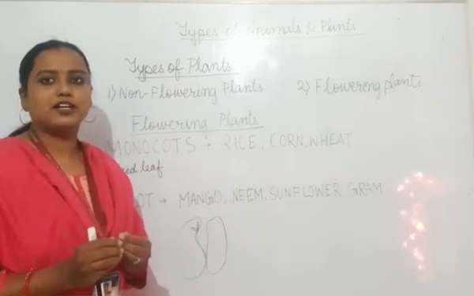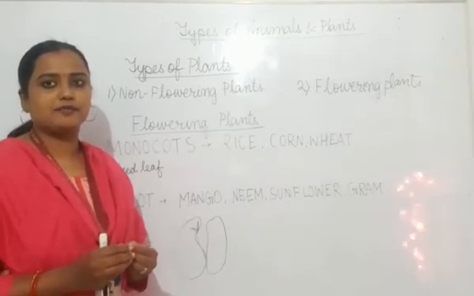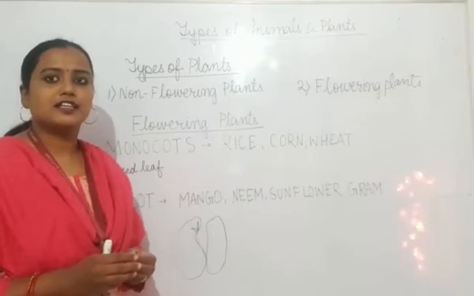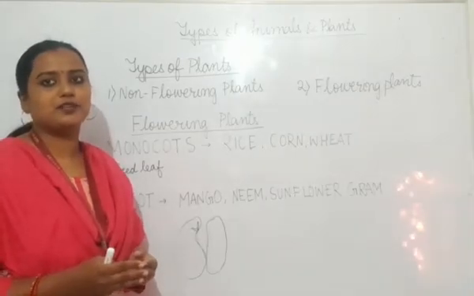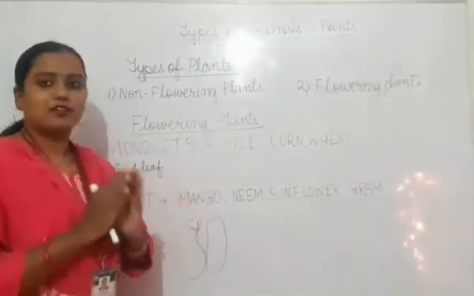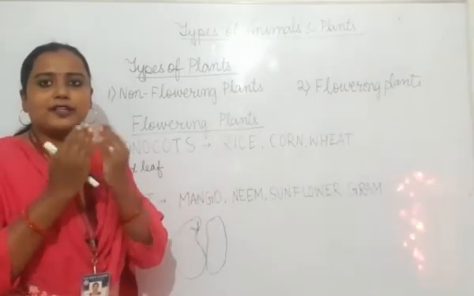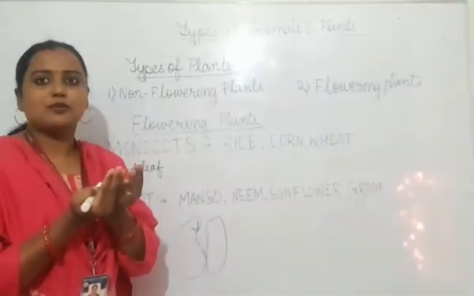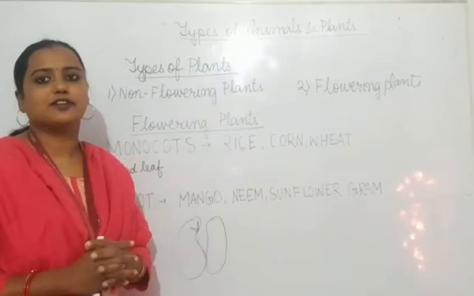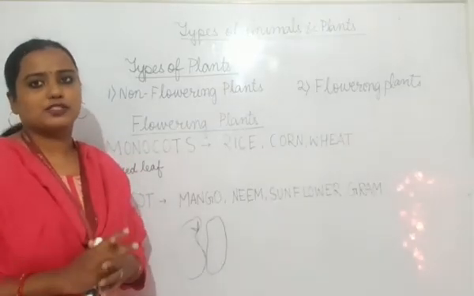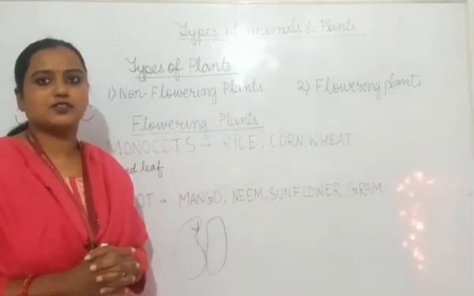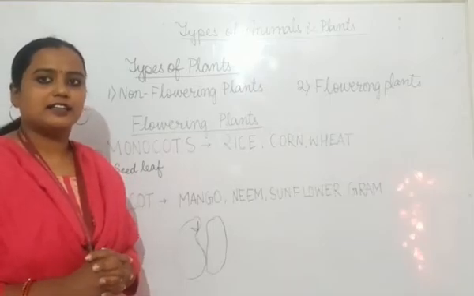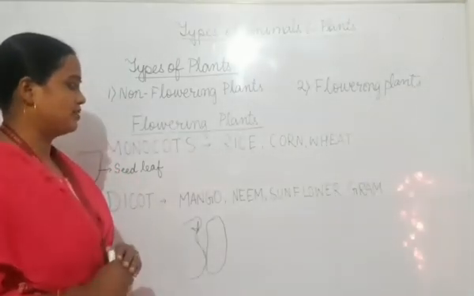So when we remove the cover, what do we see? We see the yellow fleshy part, which are the seed leaves, and we can open them in two parts. So we can say that the seeds of gram have two seed leaves, two cotyledons. So they are under the category of dicotyledons.